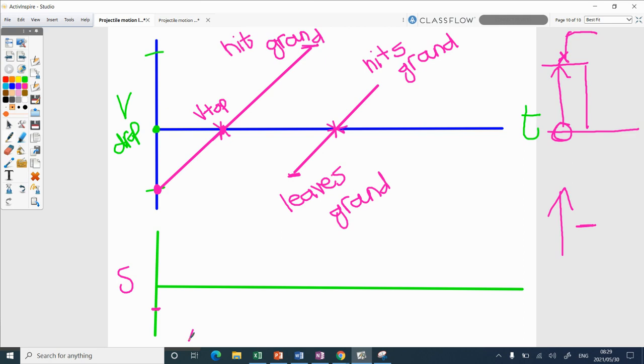But first, I need to go further from the ground, until it reaches that point. And then it's going to go closer to the ground, and eventually it's going to hit the ground. At this point here, we just use another color, it's going to hit the ground. You happy with that? Yeah.